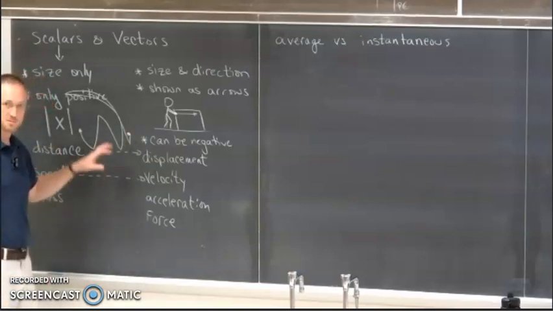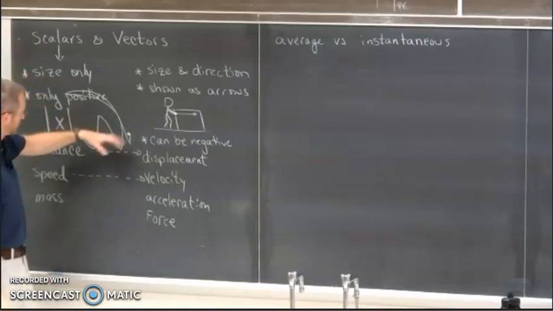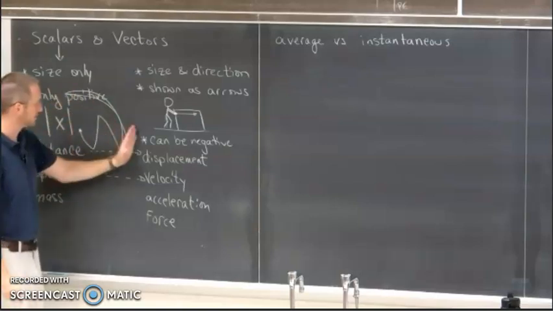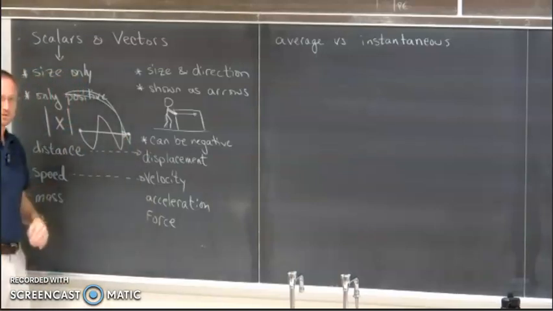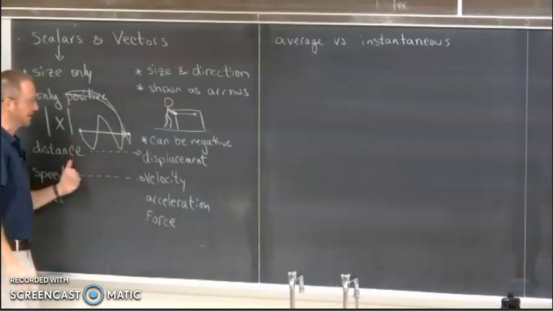And he would have gone through all of that distance to go from the stairs to the front door. Or he could have just walked the straight line from the stairs to the front door.